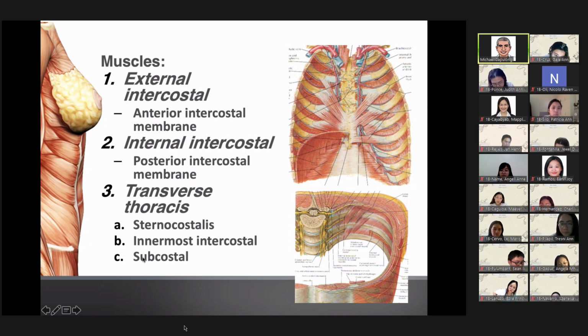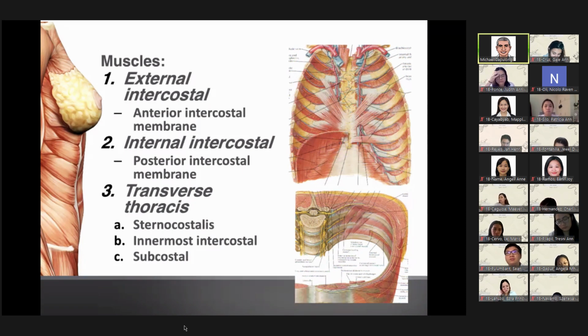Now, what about your subcostal or your subcostalis muscle? This is the most posterior of the three group of muscles. You will only see this when you remove the lungs from the thoracic cavity. So it's very difficult to identify your subcostal muscle.